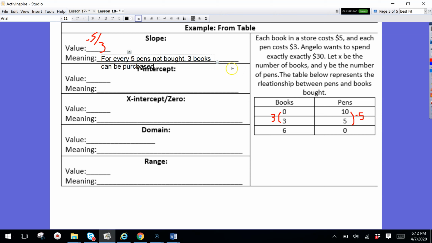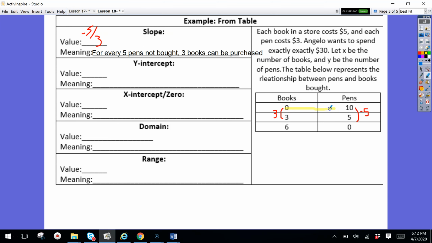Again, right, you have to leave some to get the other. And that's why it's a negative relationship. Our y-intercept is right here. It's the value of y when x is 0. So it's 10, and it's 10 pens. So I have 10, and it is the most pens I can buy.